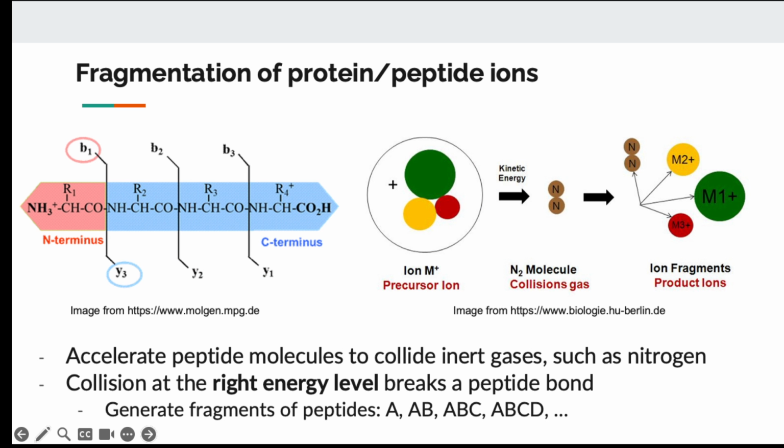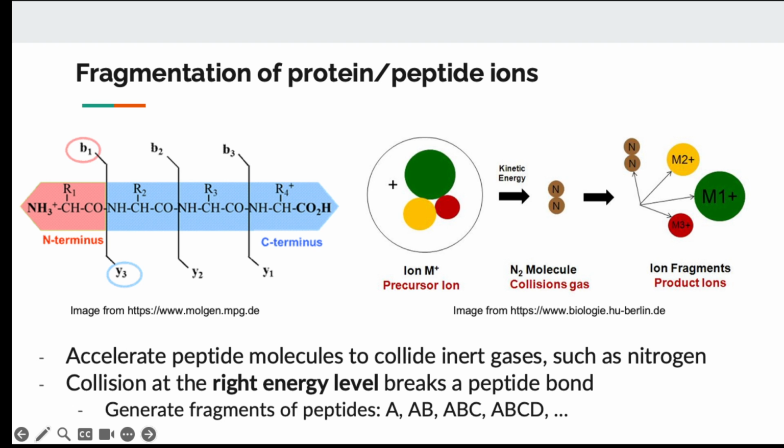So the idea of how we generate the fragments from a protein and peptide is that we view the protein and peptide as a polymer, with the peptide bond as the chemical bond that connects individual amino acids.